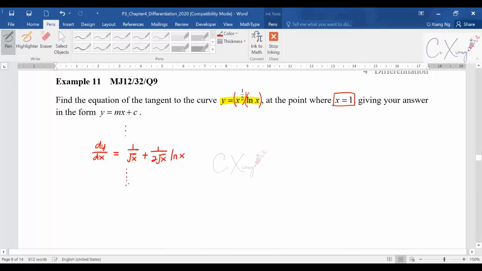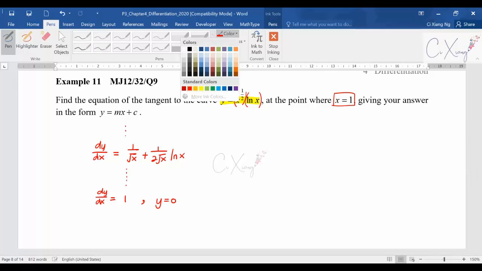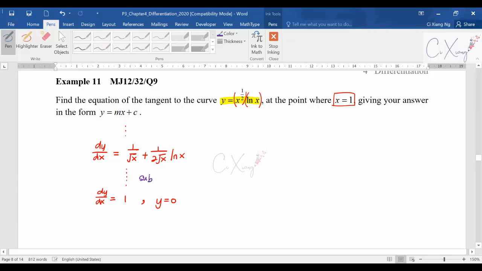Then after that, if you substitute x equals to 1, you'll get dy dx equals to 1, and you'll get y equals to 0.